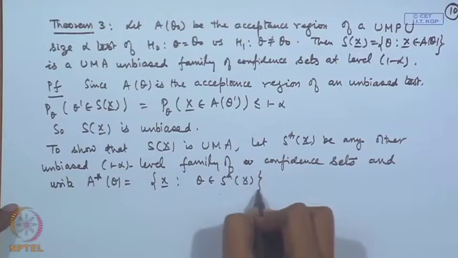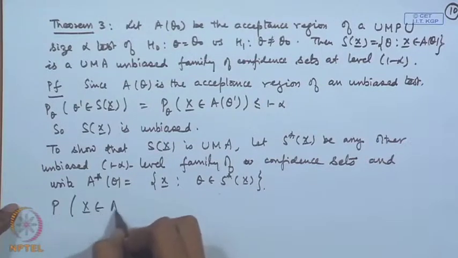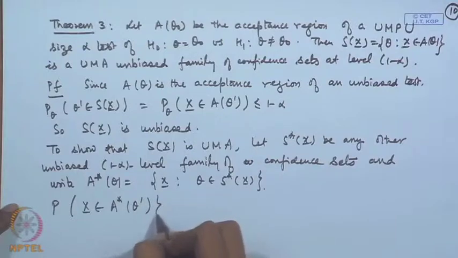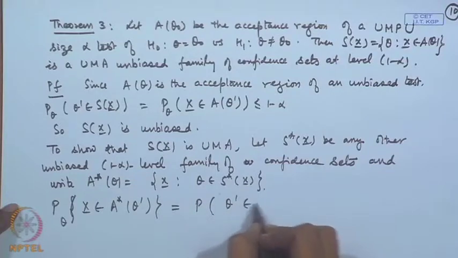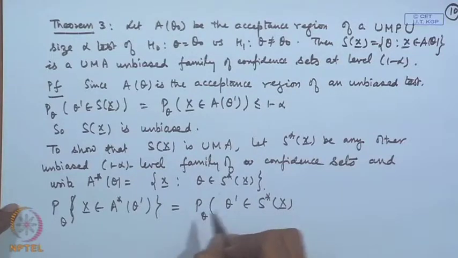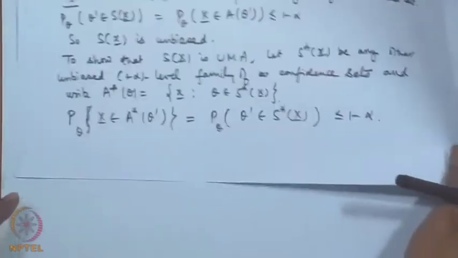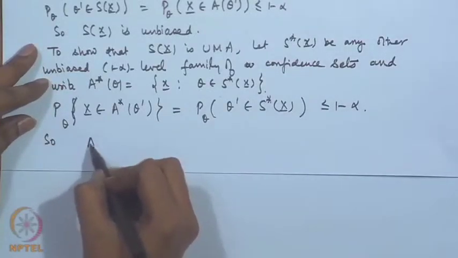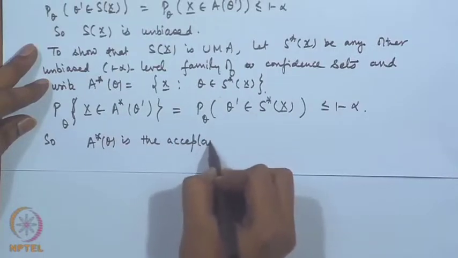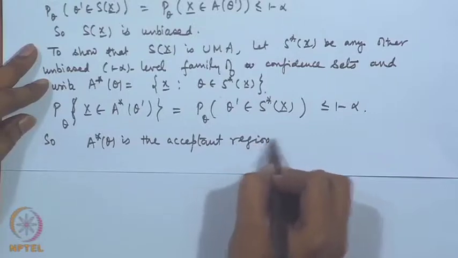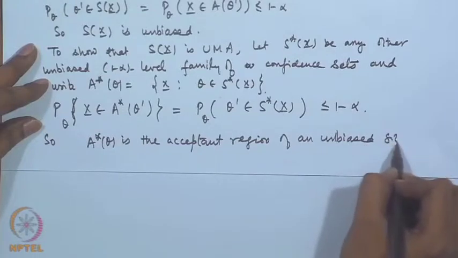That means, the corresponding acceptance regions are denoted by A star theta. So, probability of x belonging to A star theta prime, that is probability of theta prime belonging to S star x, is less than or equal to 1 minus alpha. So, we can say that A star theta is the acceptance region of an unbiased size alpha test.